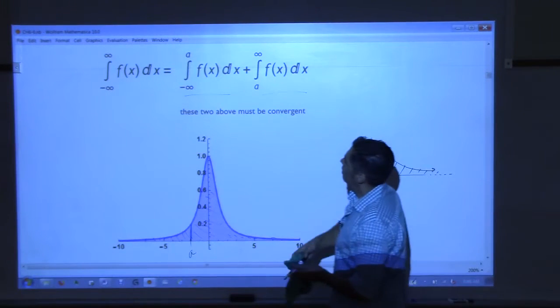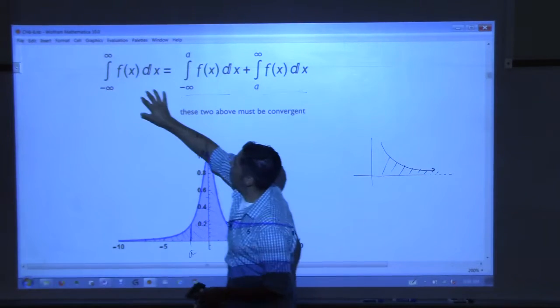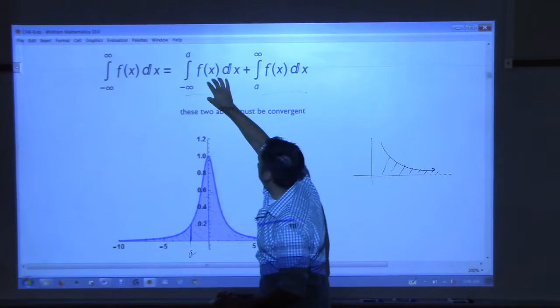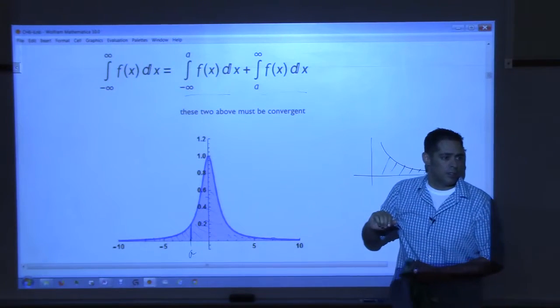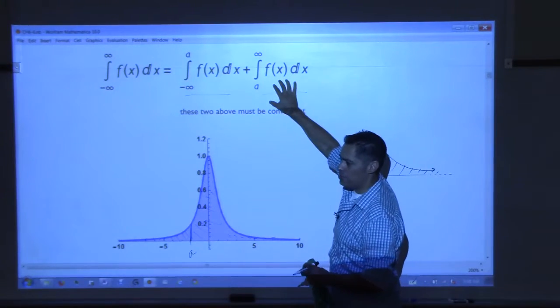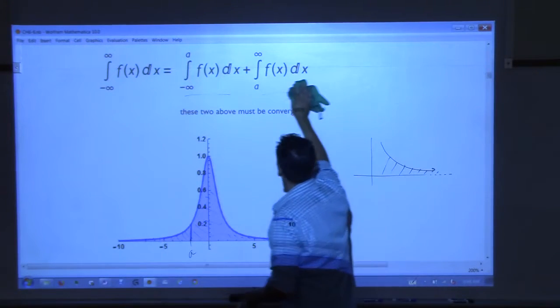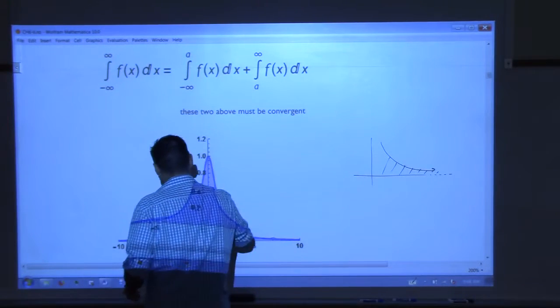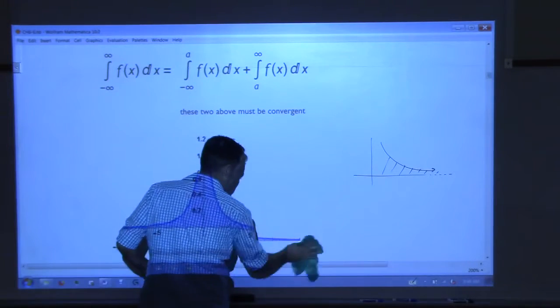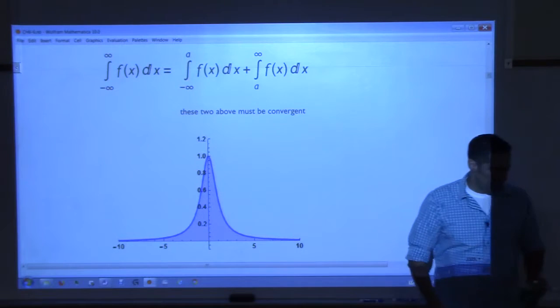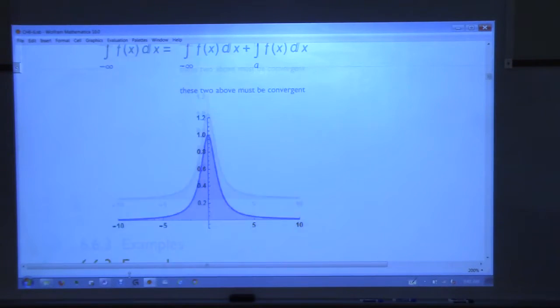Now, in order for this to converge, this is important, both of those have to converge. If one of these diverges, the whole thing diverges. All right, that's it. Let's do an example.